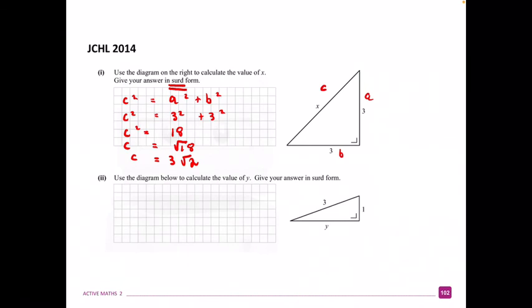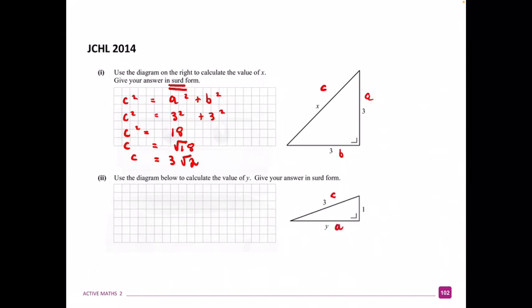Okay, now that you have tried part 2 by yourself, let's look at what the answer should have been. Use the diagram below to calculate the value of y and give your answer in surd form. The first thing we do with Pythagoras' theorem is label our triangle.